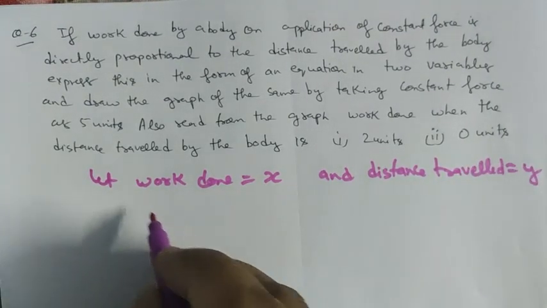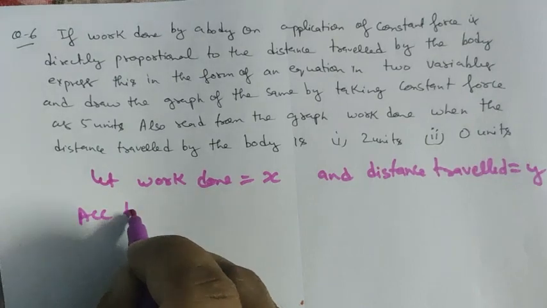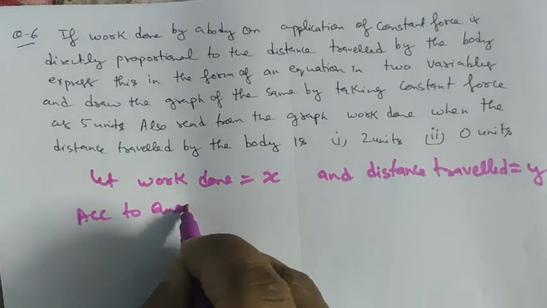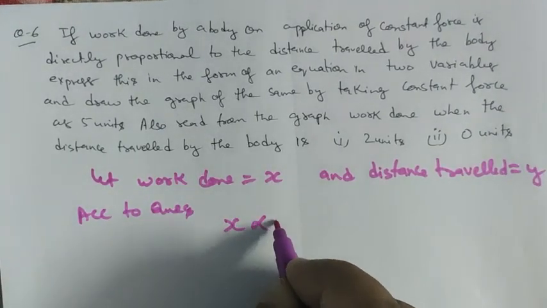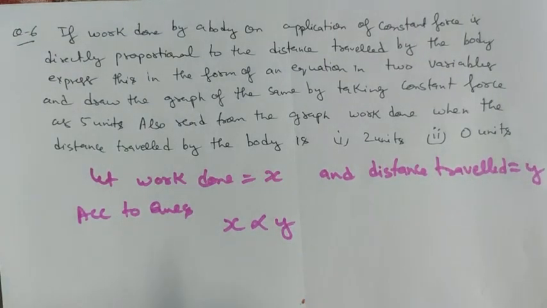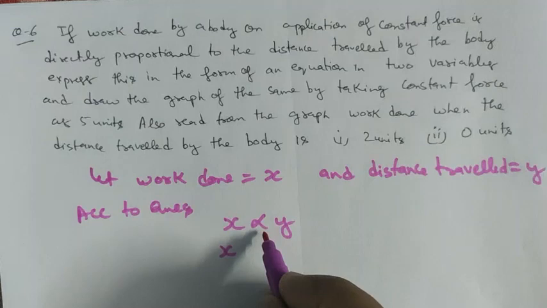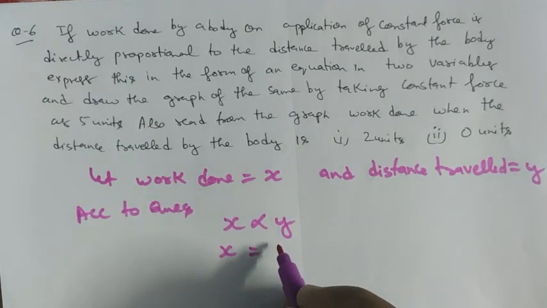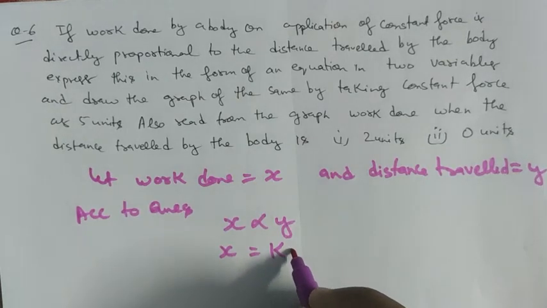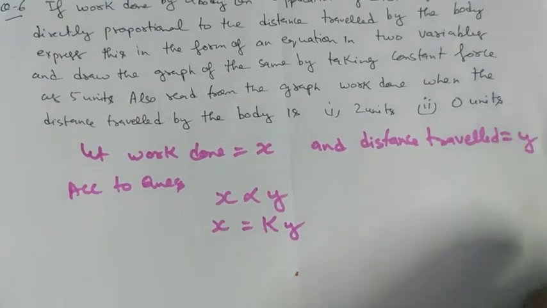According to the question, work done is directly proportional to the distance traveled, and when we remove the sign of proportionality, we will have the constant, say k into y. What is given constant?